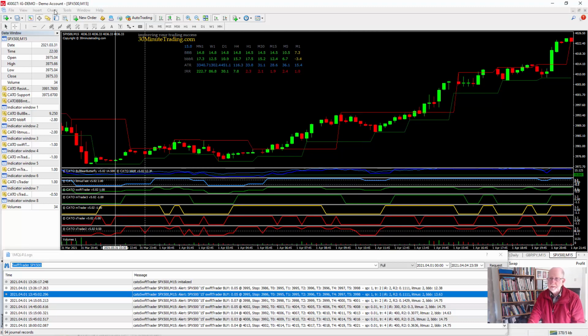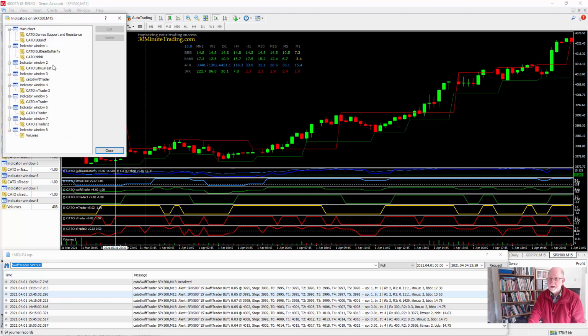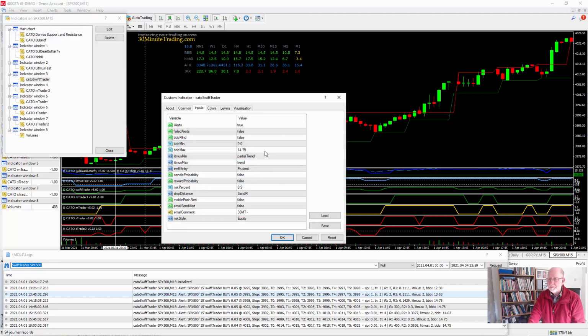What does prudent mean? Let's go over here, go to the indicators, Swift Trader. You can see Swift entry is prudent. Let me show you what that means. Prudent and aggressive. Prudent means it's got to break the high of the candle. Aggressive means it's got to break 10% of the candle length above the close of that particular candle.